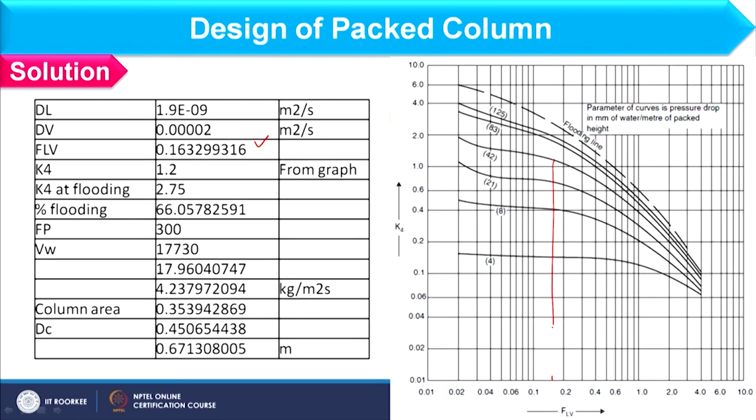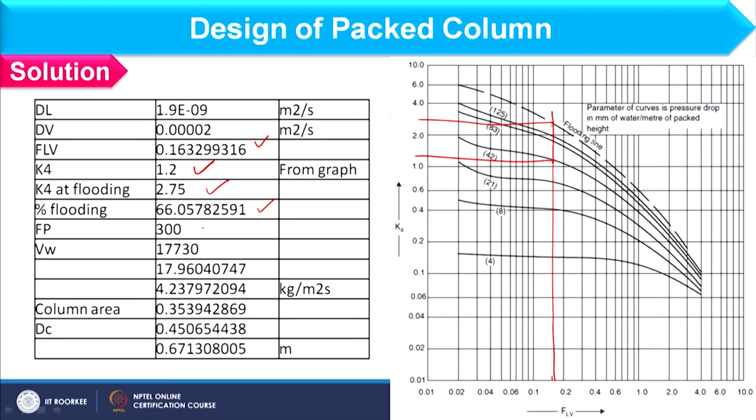So, we can consider this plot and draw the line like this. So, K4 value we can obtain as 1.2. When we extrapolate this to the flooding line, this should be K4 at the flooding condition, and that should be 2.75 if you see it carefully. So, around 66% flooding is there.